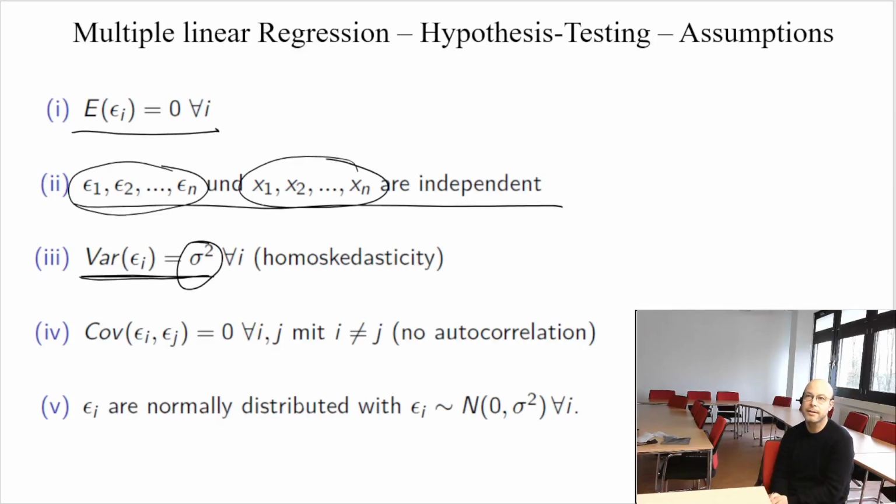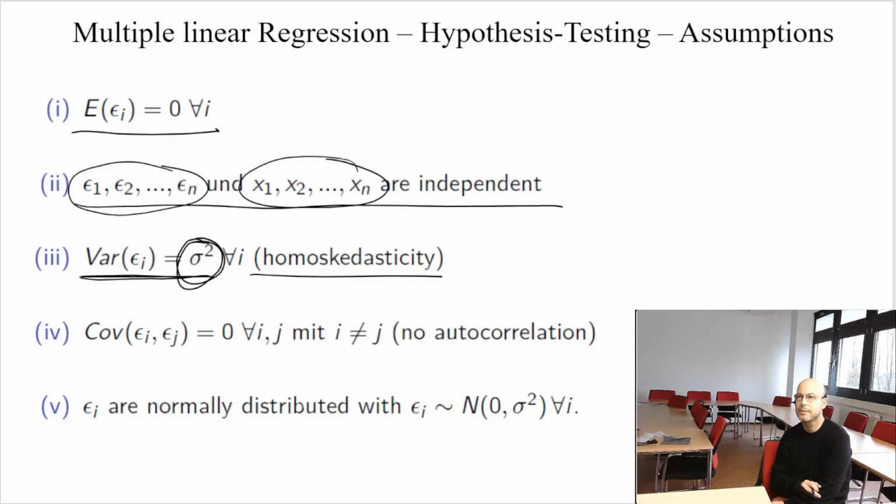In practice, this will be very seldom the case. And this is called homoscedasticity. And in general, we also have to test this assumption. But in our case, we will assume that every variable has the same variance.